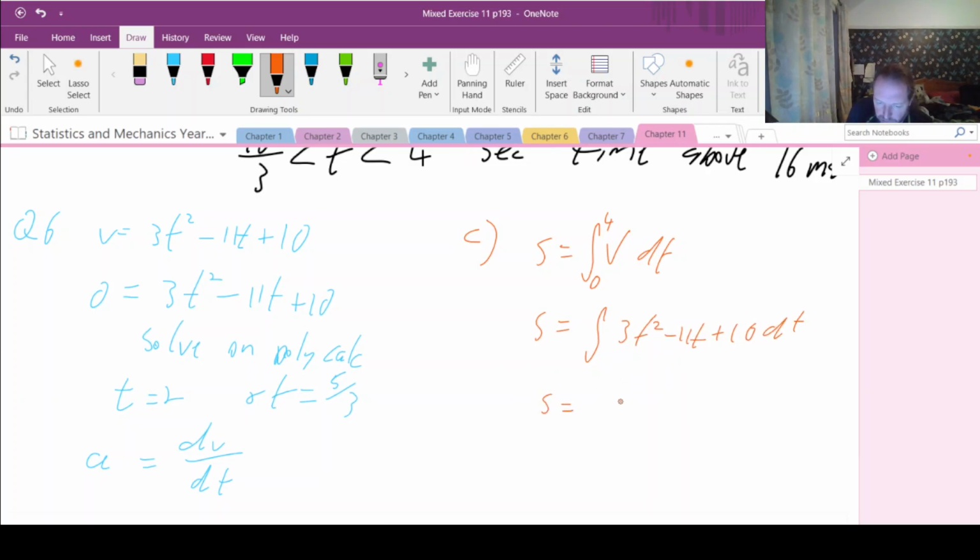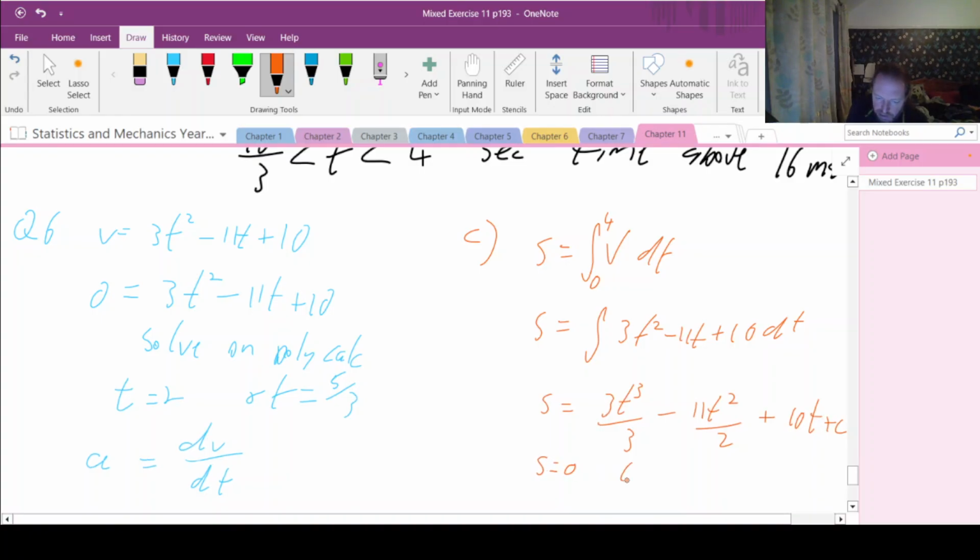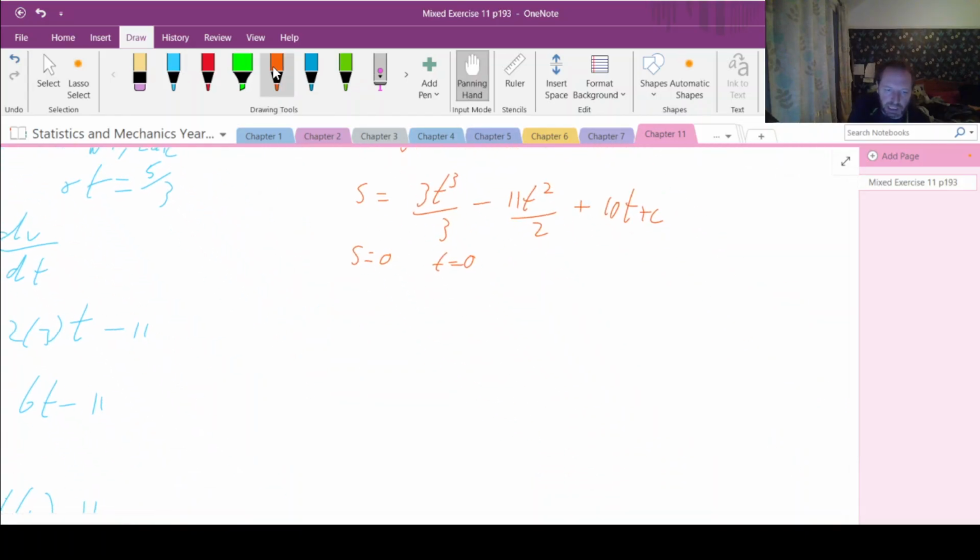So s is equal to 3t cubed over 3 minus 11t squared over 2 plus 10t plus c. Now we know that s equals 0 at t equals 0, so we can basically ignore the c. When t equals 4, we can start putting it in.